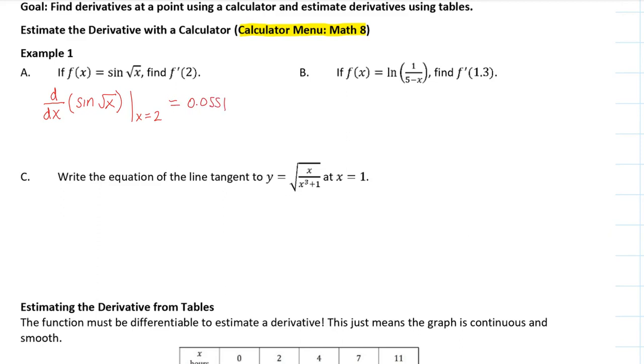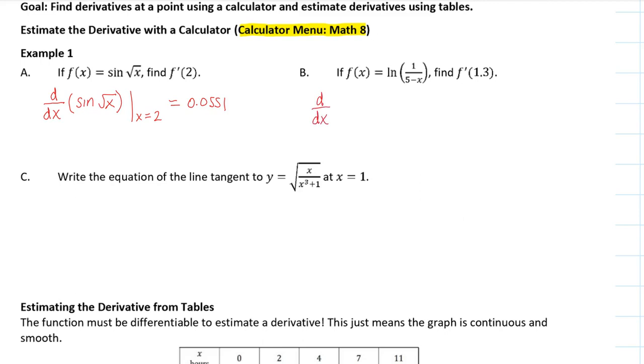That was easy, right? Didn't have to do all that work that we did the other day. All right, the next one says, if f of x equals the log of 1 over 5 minus x, find the derivative at x equals 1.3. So again, the notation in the calculator is going to look like this, d dx.